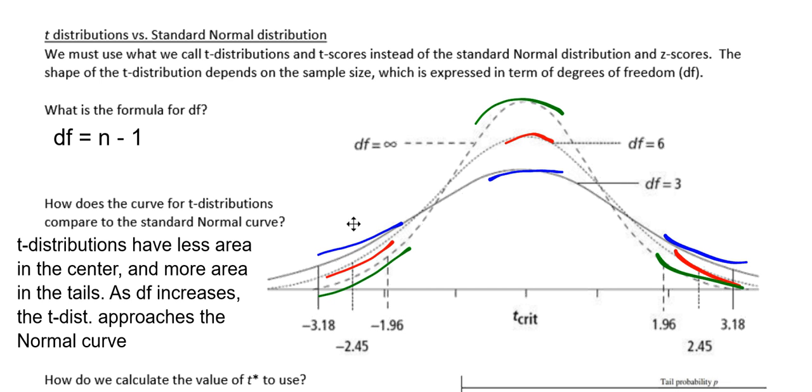So in order to guarantee that your confidence interval captures the true value, you need to include more standard deviations, like 2.45 or 3.18 in each direction. The more standard deviations you're including, the more likely you are to capture that true population value and ensure that your confidence level is met.